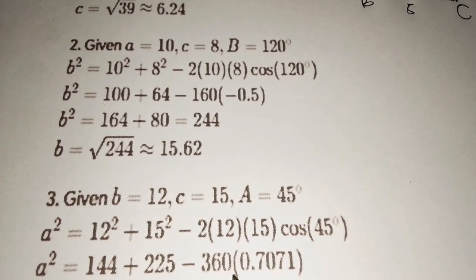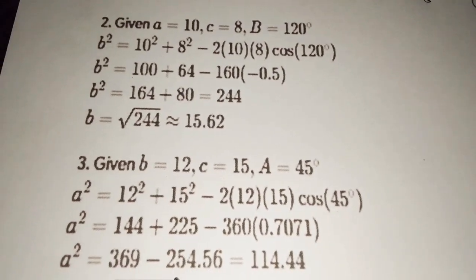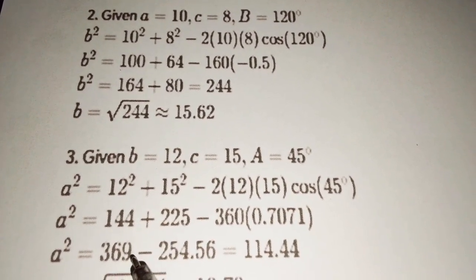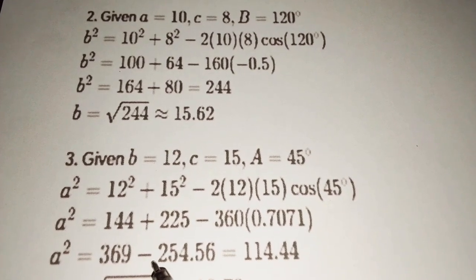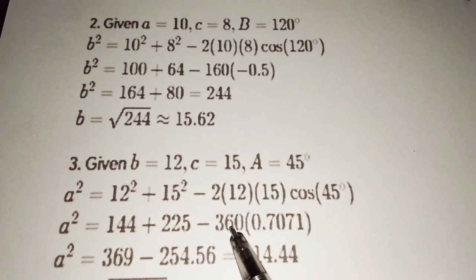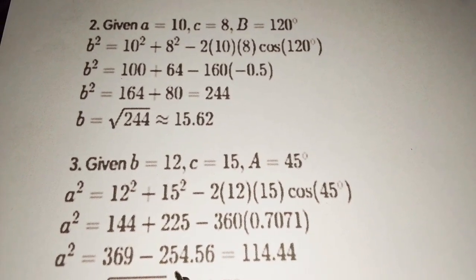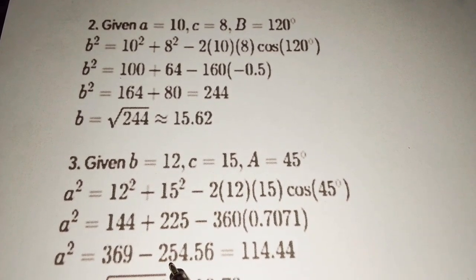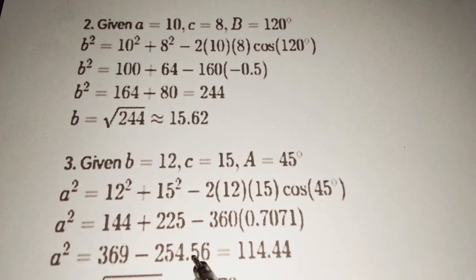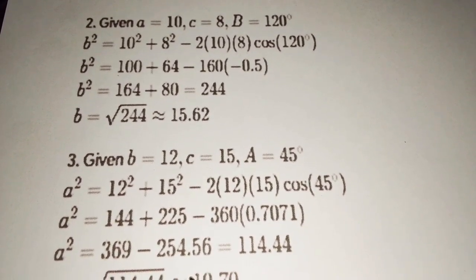360 times 0.7071. Okay, so a squared is equal to 144 plus 225 is 369 minus the product of negative 360 times 0.7071, so the product is negative 254.56. So if you get the difference, we will have 114.44.